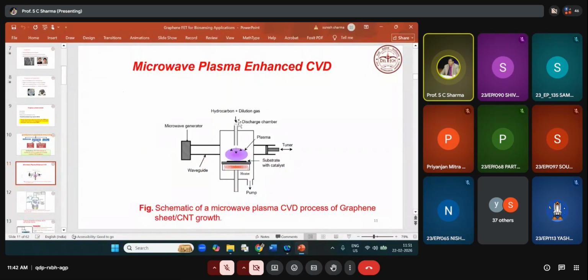When these hydrocarbon gases go inside in the presence of plasma, they dissociate. For example, when CH4 or C2H2 dissociates inside the plasma, carbon and hydrogen separate. So carbon comes onto those nano size nanoparticles.